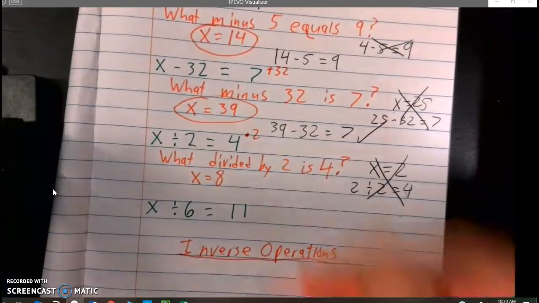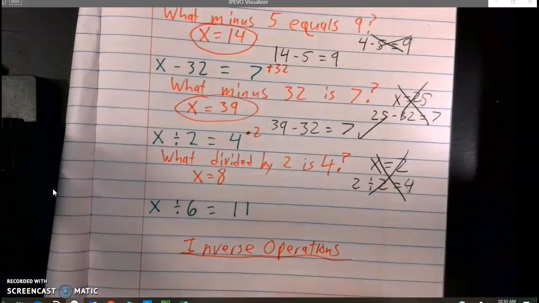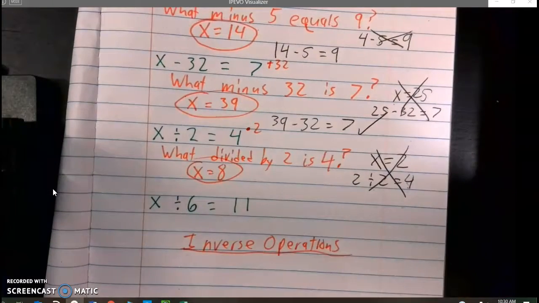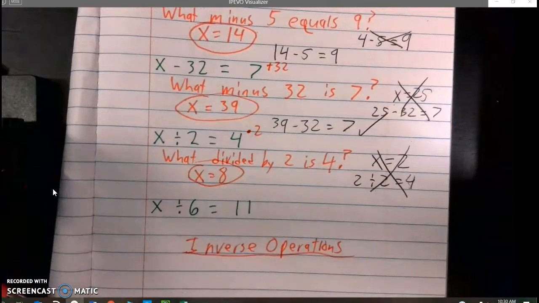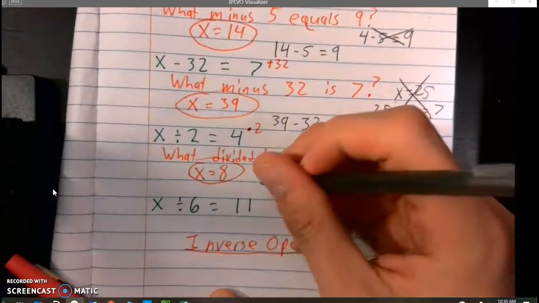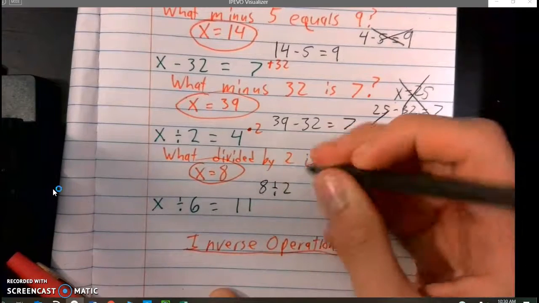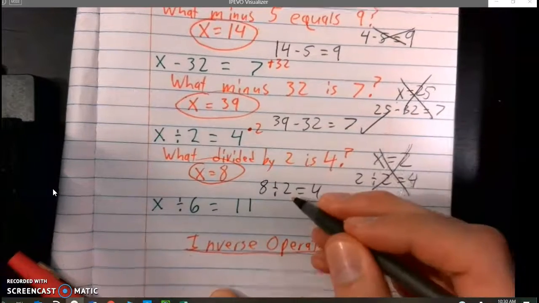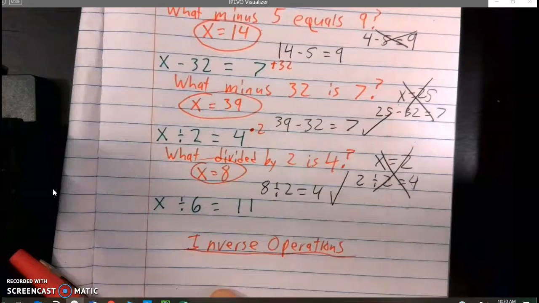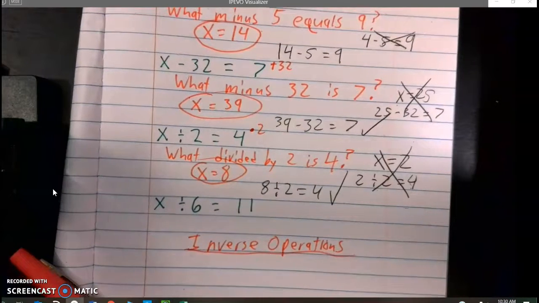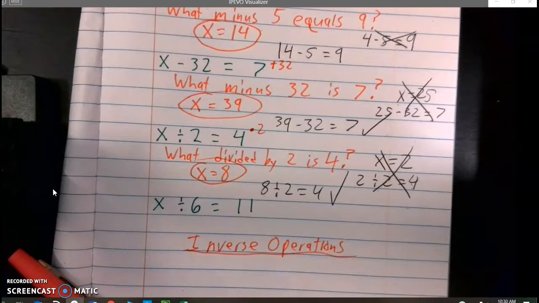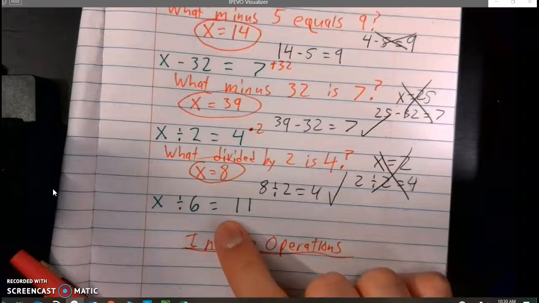Then I substitute this value in, so instead of x, I put an 8 there, checking my work through substitution. Is 8 divided by 2 equal to 4? Yes, it is.